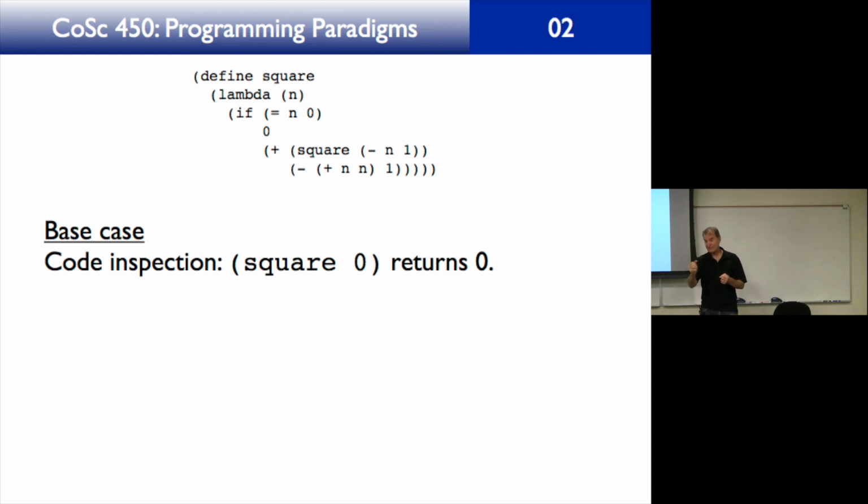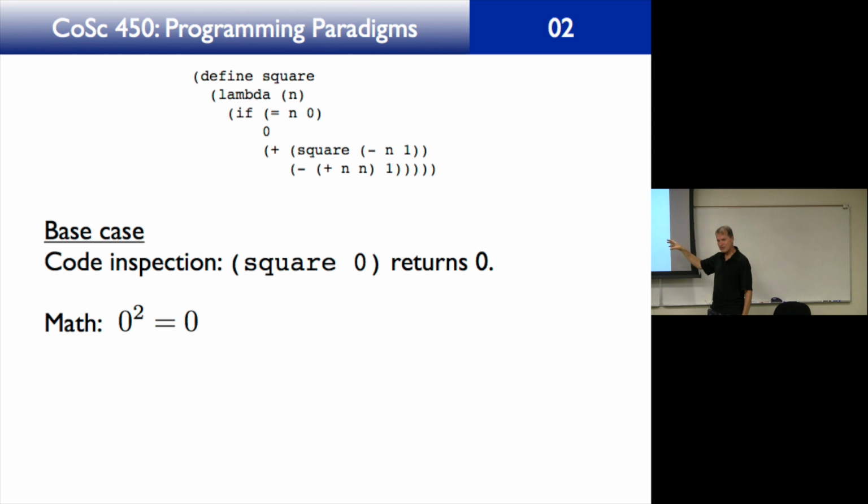That's the point. It seems trivial, but that's the point. The second point is, by math, 0 squared is 0. And so we see that because this returns 0, and by math it should be 0, that program is correct in the base case. Are you with me on this? It's trivial, but the reasoning is what's important.